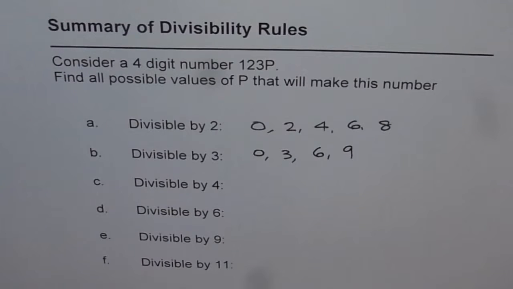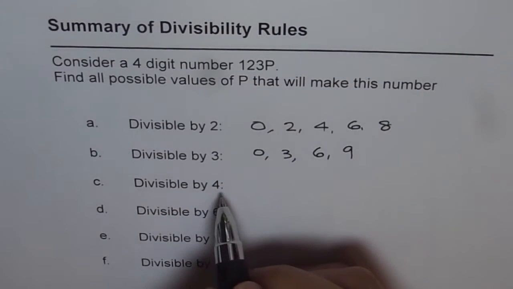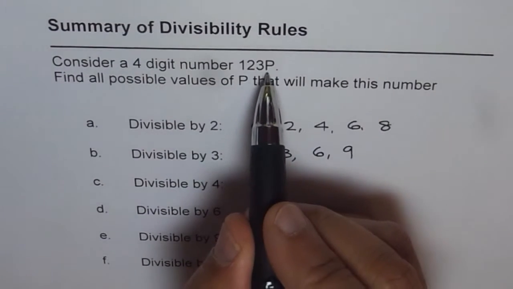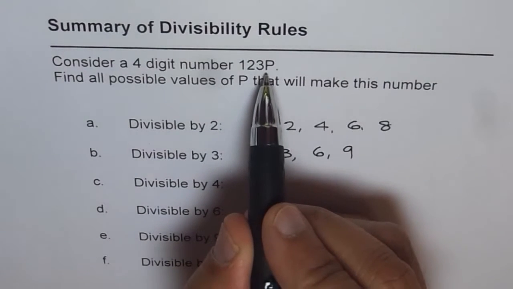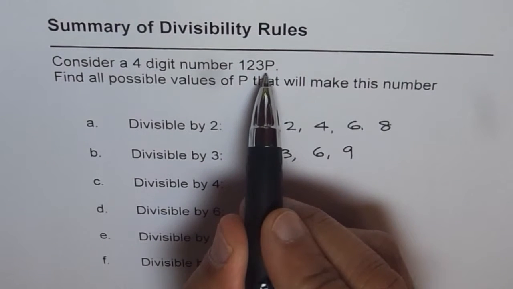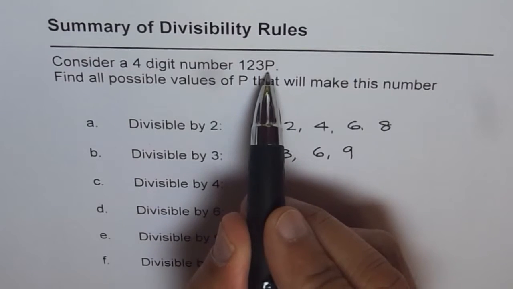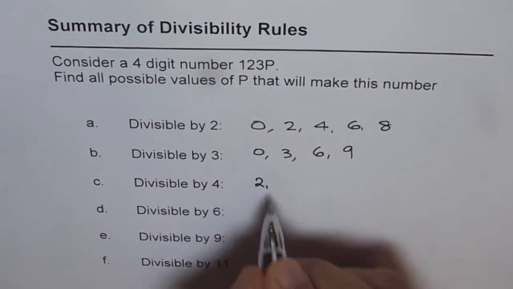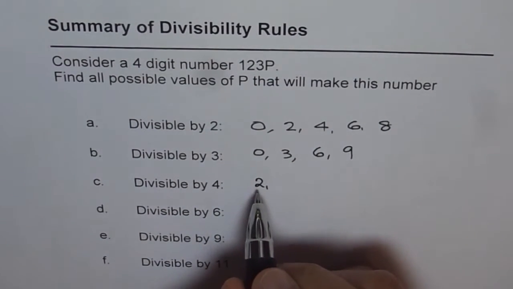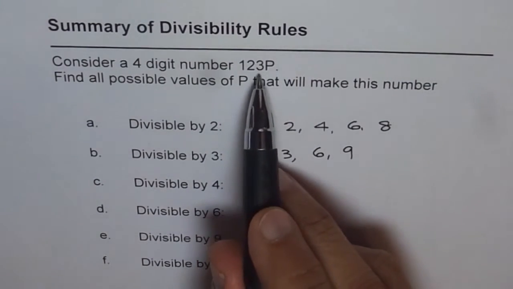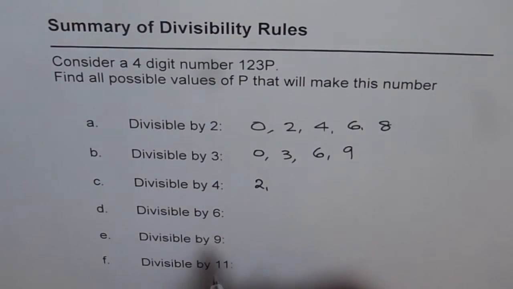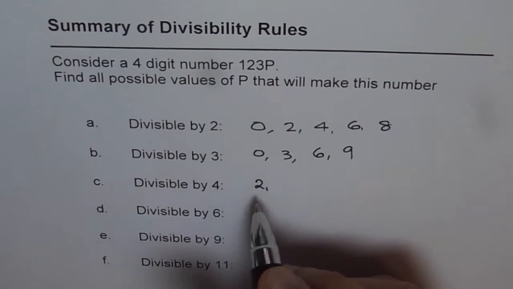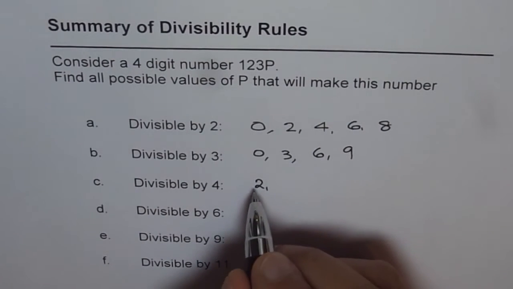How about 4? The rule for 4 is that the last 2 digits should be divisible by 4. Now 30 is not divisible, but 32 is. So P could be 2, right? Now if 2 works, that means 1232 is divisible, with 32 as the last 2 digits. Then the next should be plus 4.